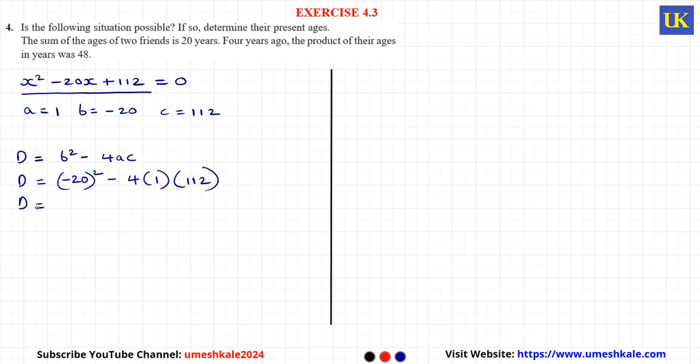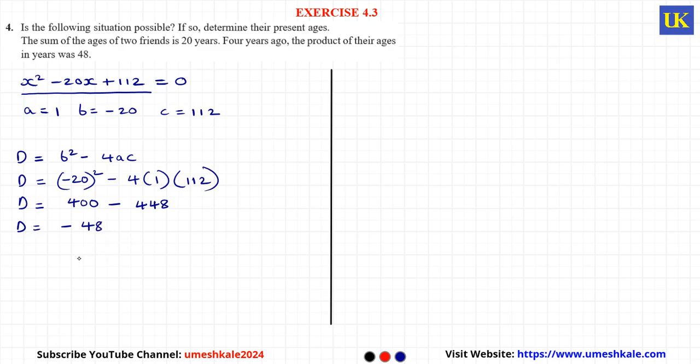So D is equal to 20 into 20 is 400, and minus into minus is plus. Minus 4, 4 ones are 4, 4 into 112 is minus 448. So here D is equal to minus 48.